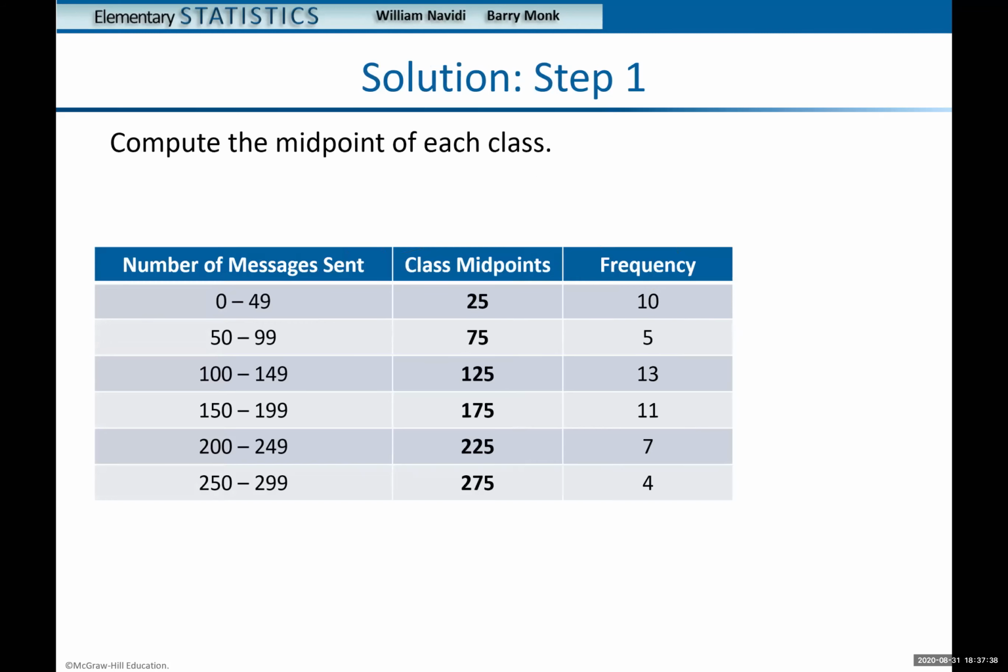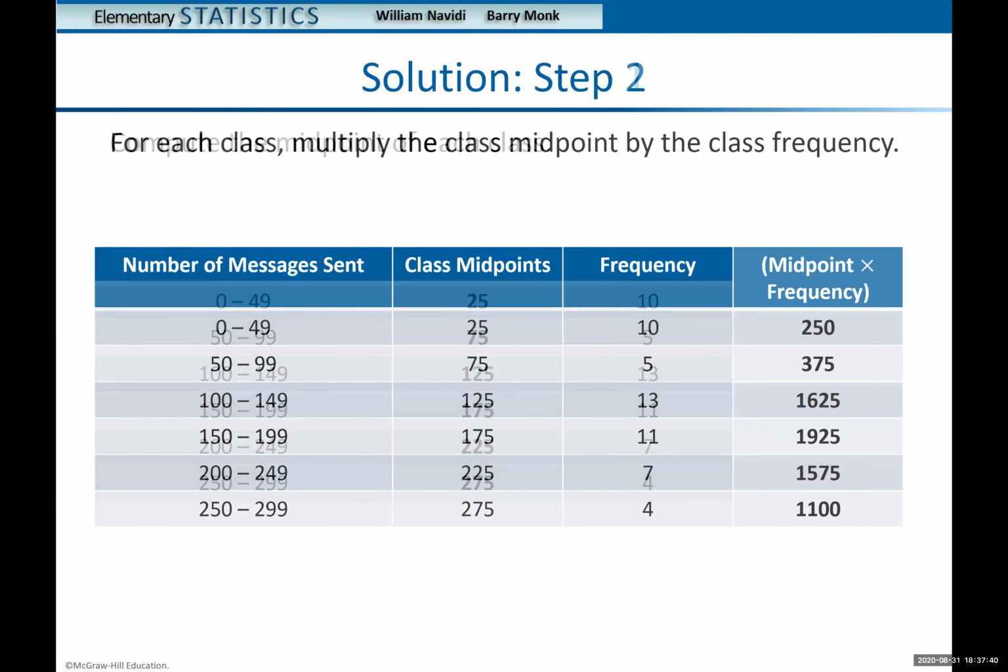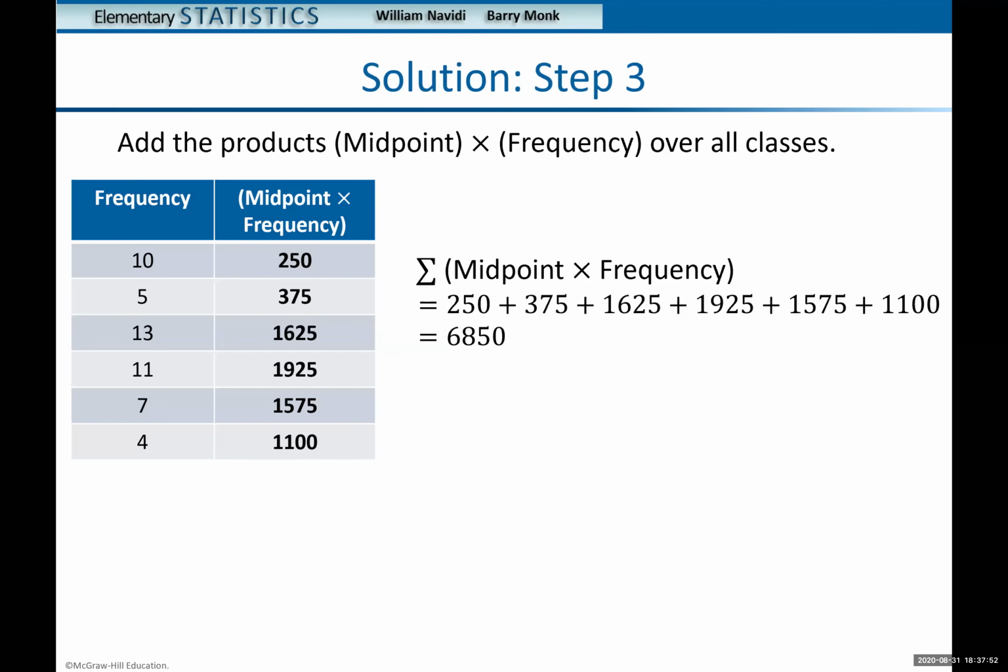So you have the class midpoints, 25 up to 275, then midpoint times frequency, x times f, or f times x, 250, 375 up to 1100. And then all you have to do is get the sum of all this.